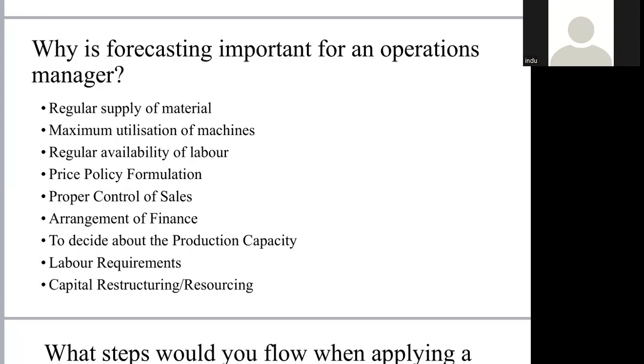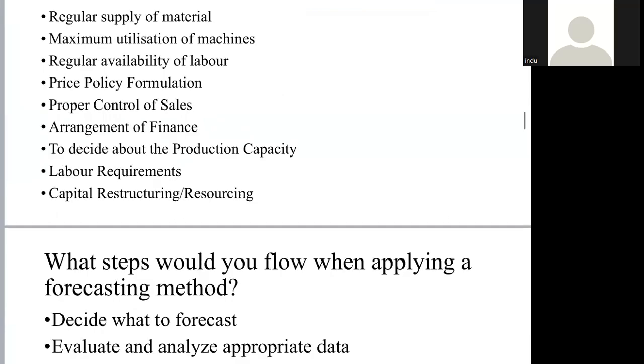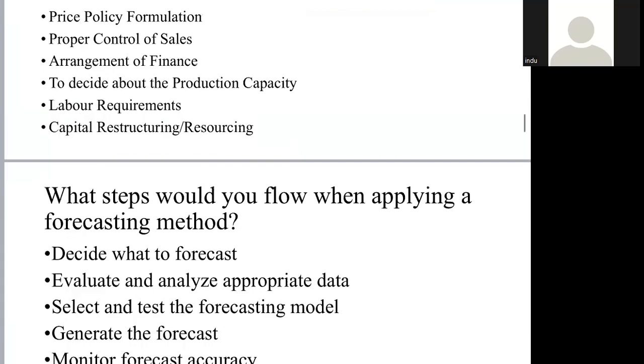Second part of section number 2, part B, asks what steps would you follow when applying a forecasting method?